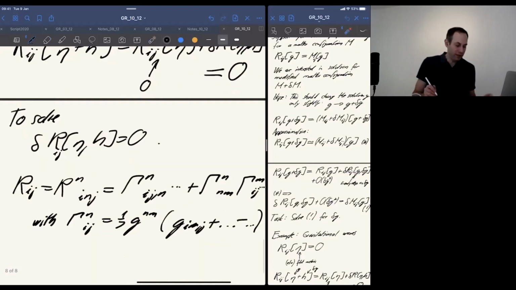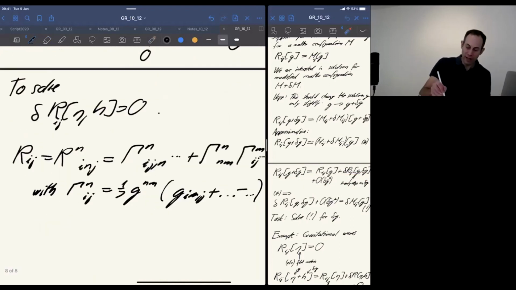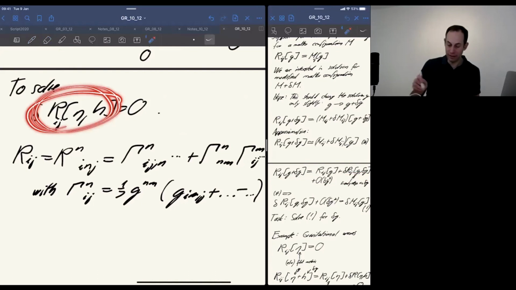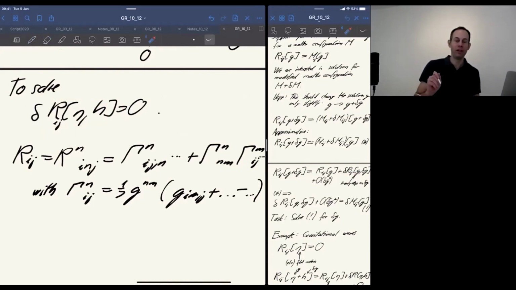Now the idea, or what you have to do, is to really explicitly write down this thing, this R. So what is this R? We said that this delta R is just the linear change of the curvature. And in this case, it's not only the change, it's the total curvature, because there was previously no curvature at all.